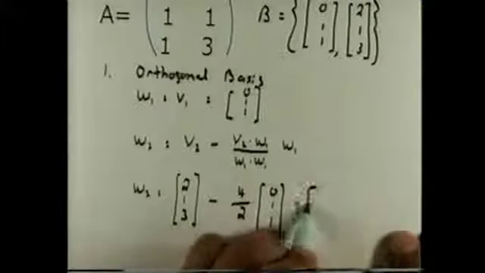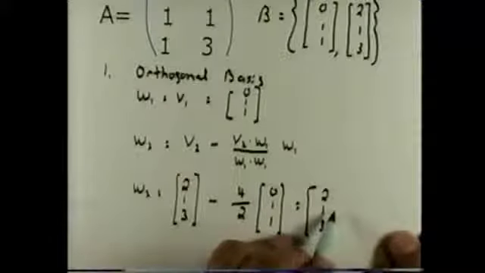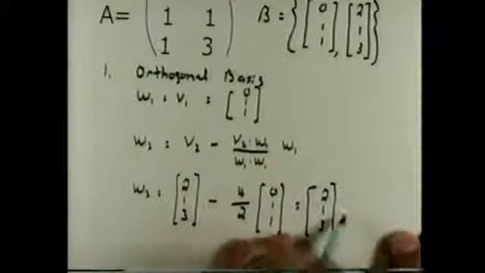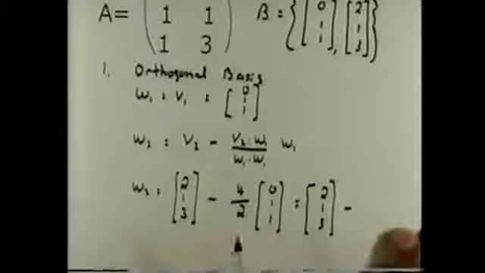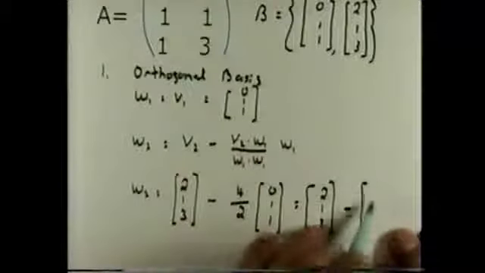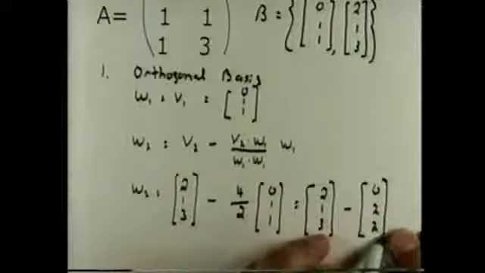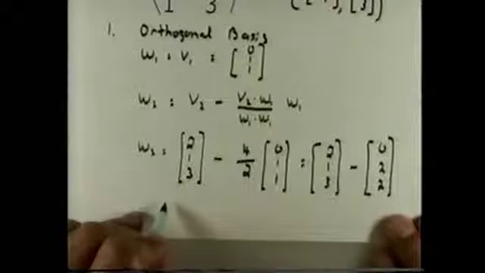So this is going to be 2, 1, 3 minus 4 divided by 2, which of course is 2. So it's going to be 0, 2, 2. So W2 is going to be 2, negative 1, 1.